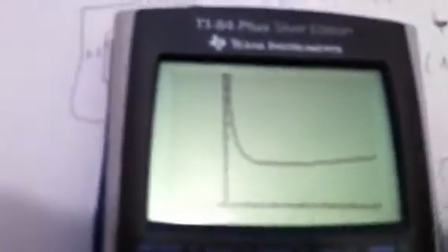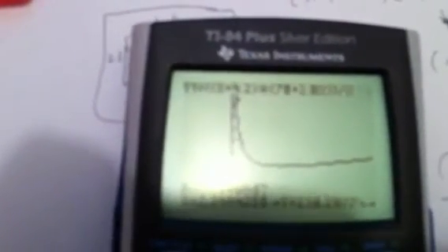And now we try to find our minimum, so we go second, calc, minimum. We find our left bound. Go all the way left. That looks like a good spot. And we go right, where it starts curving up.